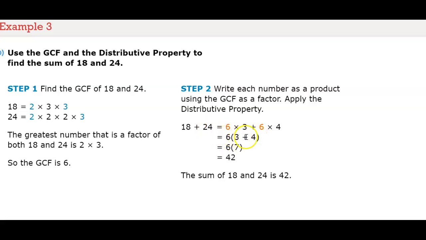That'll be 4, and then you put an addition sign in between. And then you solve it by doing parentheses first. 4 plus 3 is 7, and then you multiply 6 and 7, so the answer is 42. So the sum of 18 and 24 is 42.